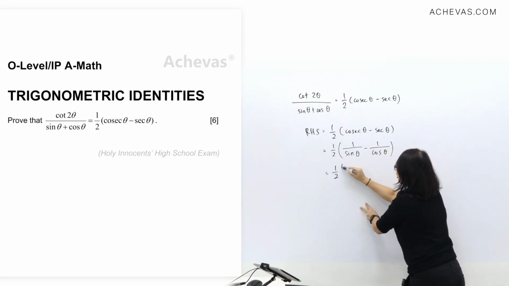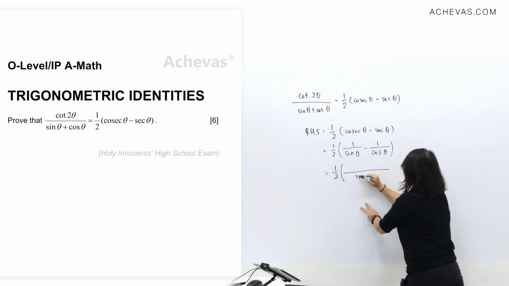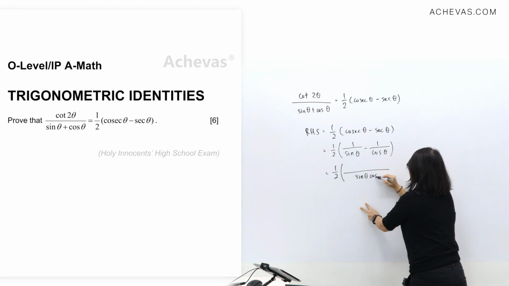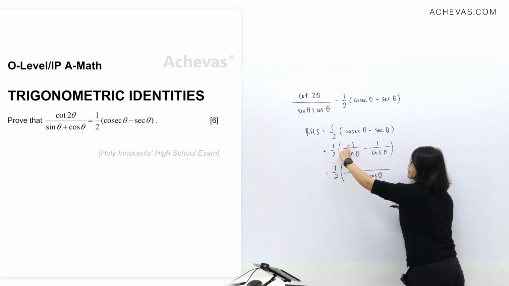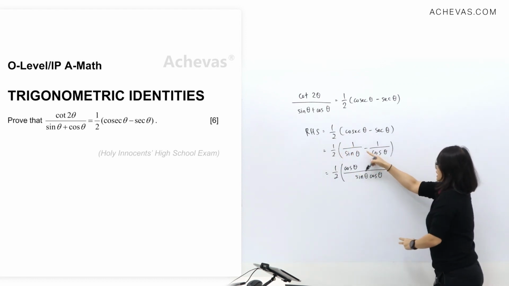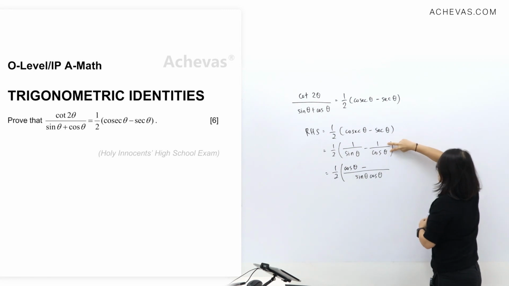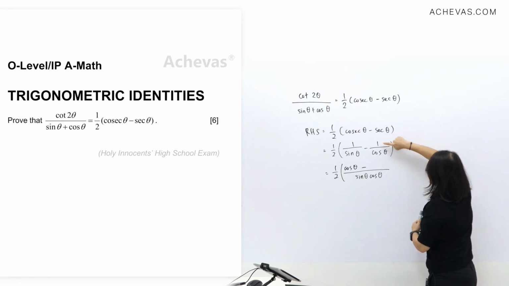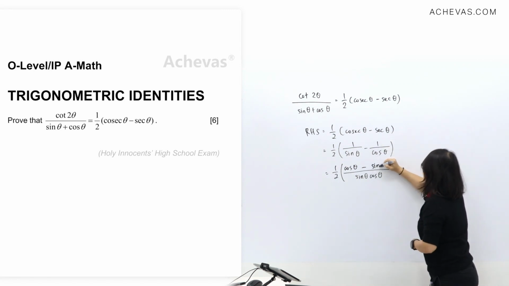So I combine it to a common denominator, which is sine theta cos theta. For the first one here, I'm going to multiply cos theta both up and down, so I will get cos theta minus the sine. And for this one here, I multiply by sine theta, so here I'll get a sine theta.